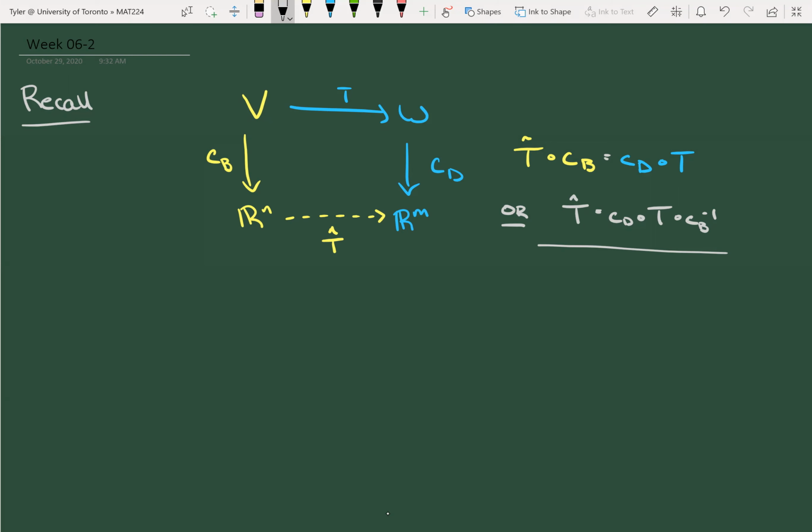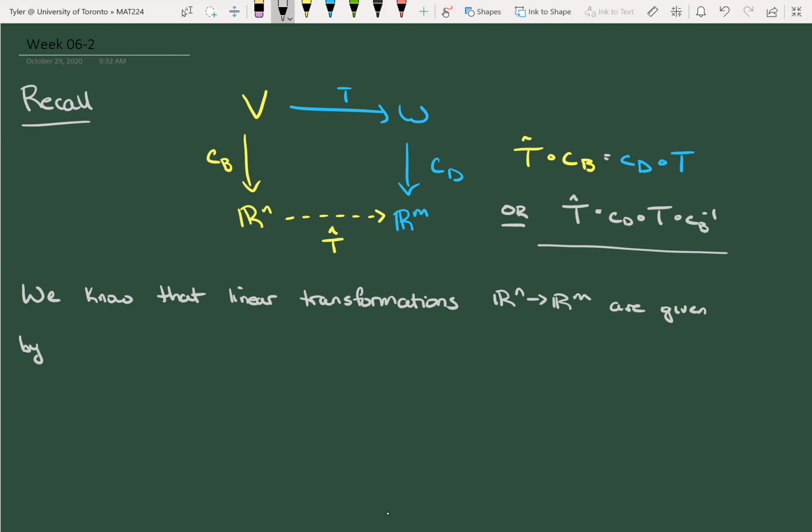So now we know something, right? We know that linear transformations from Rn to Rm are in bijective correspondence with matrices, given by M by N matrices.